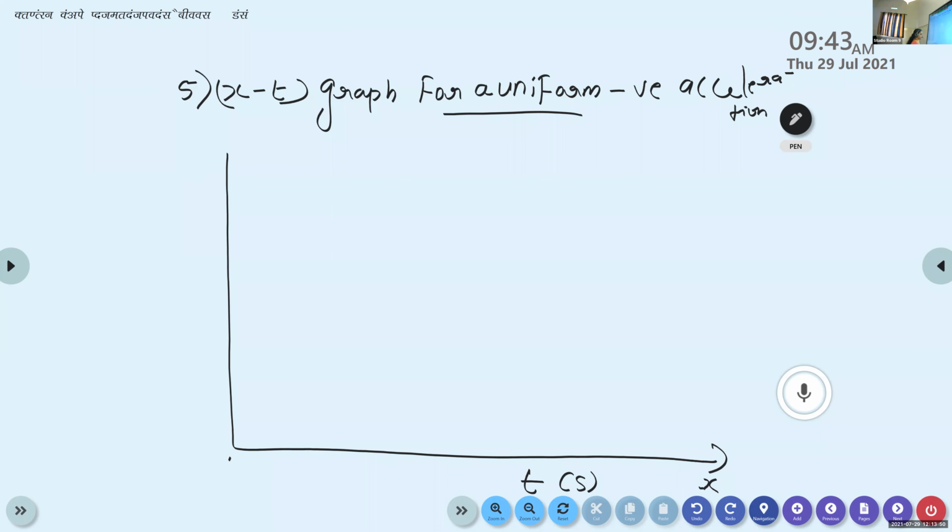Time in second along the x-axis, position x in meter along the y-axis. So here we are going to draw the position time graph for a uniform negative acceleration.